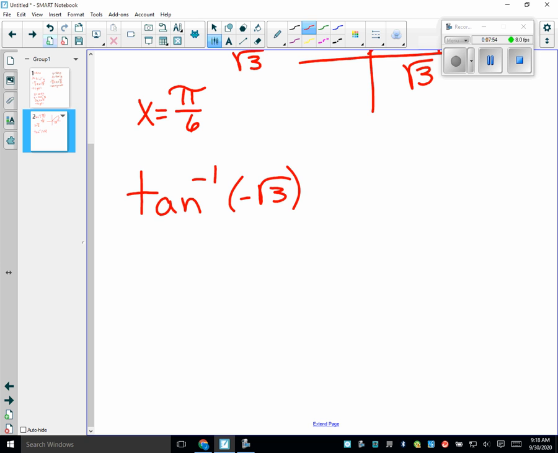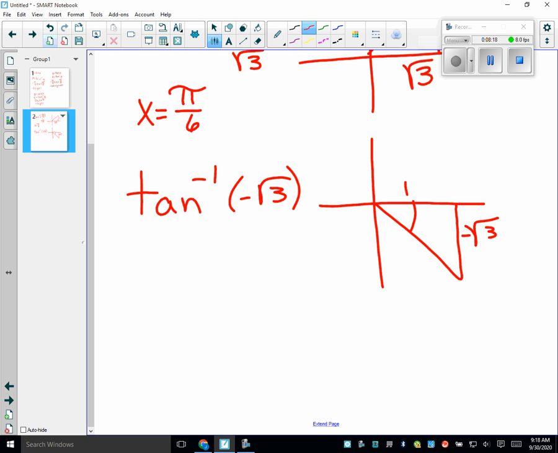They're thinking. What quadrant is it in? 4. So if I draw my triangle, maybe that helps. This is negative radical 3 and this is 1. Right? What is this angle right here?